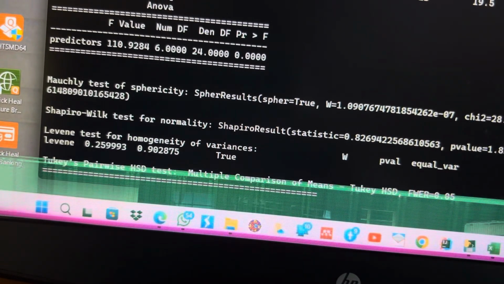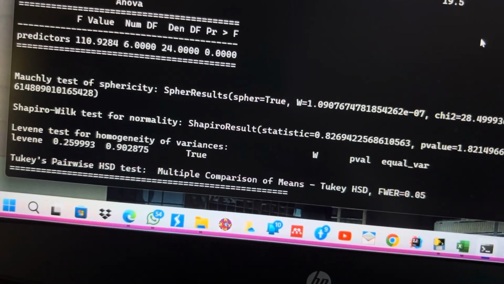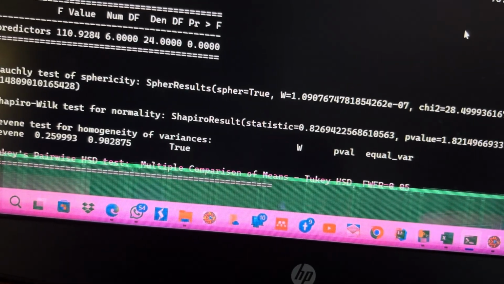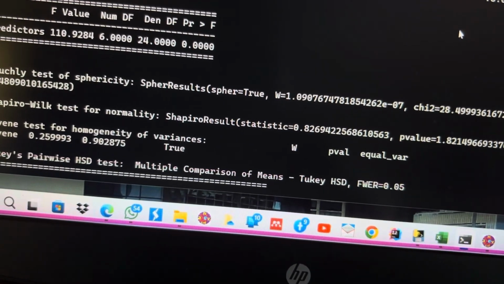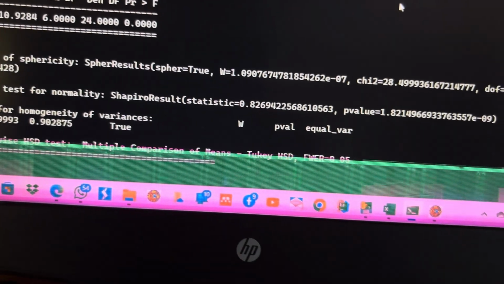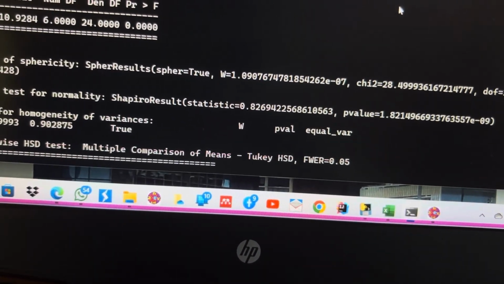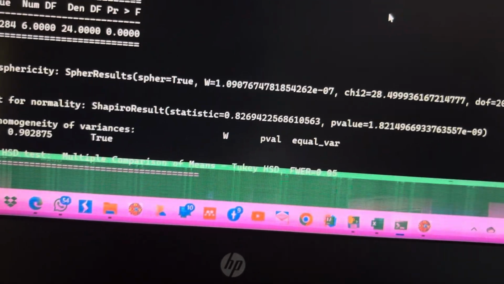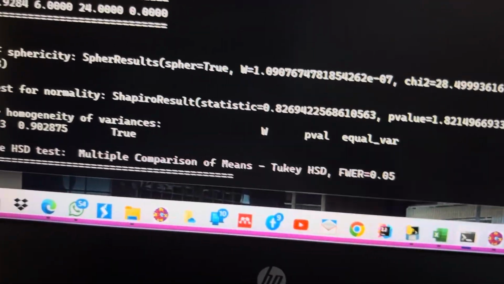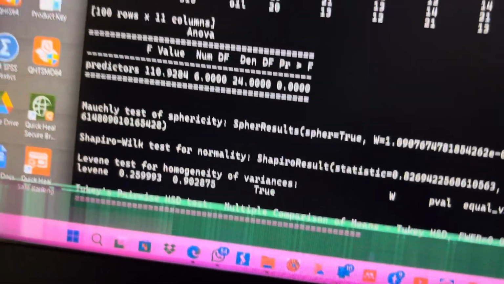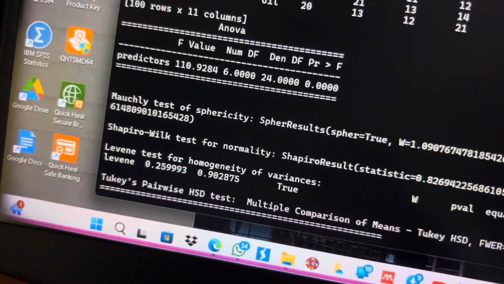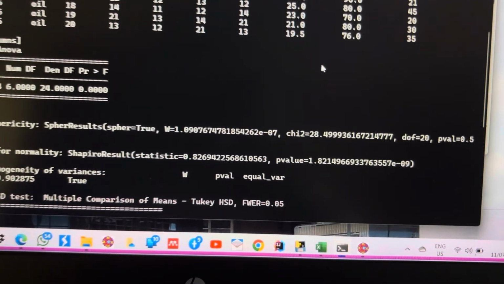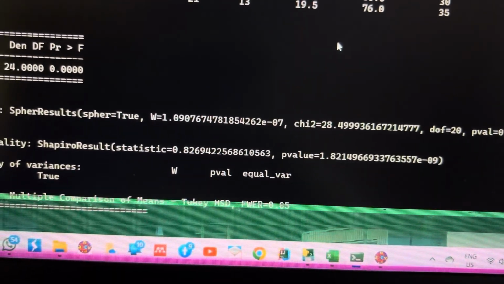Then Shapiro-Wilk test for normality. Shapiro result statistic 0.0. The p-value is 1.84. I think that's in scientific notation. When you convert that particular figure, you know exactly what it is.